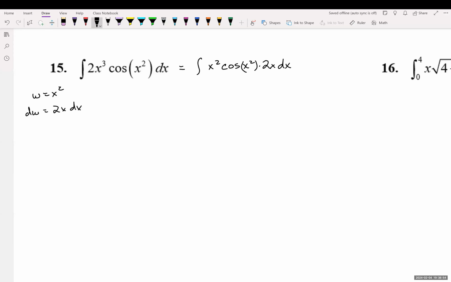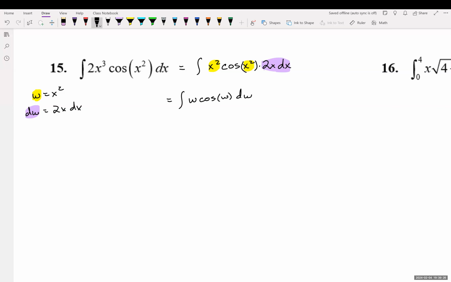You don't necessarily need to write out that step, but I'm hoping it helps make clear what's going on. So this part here, this 2x dx, becomes a dw. And of course, our x squareds here and here are just going to be w. And so this integral becomes the integral of w cosine w dw.